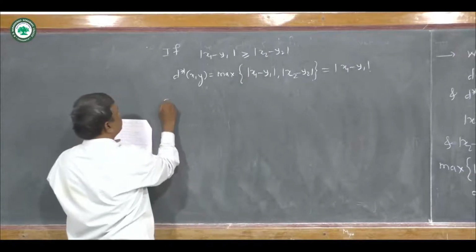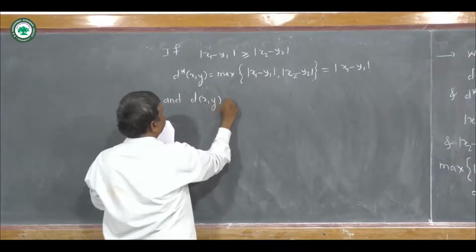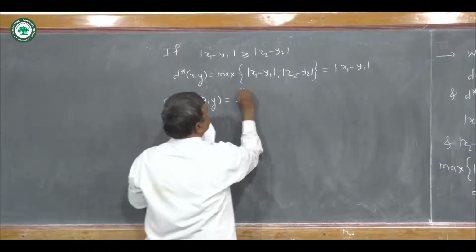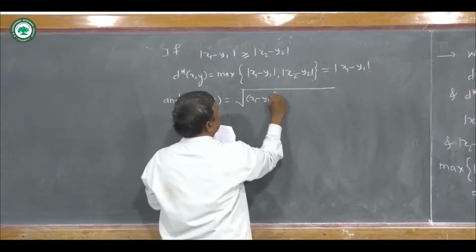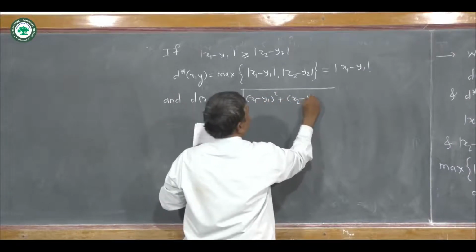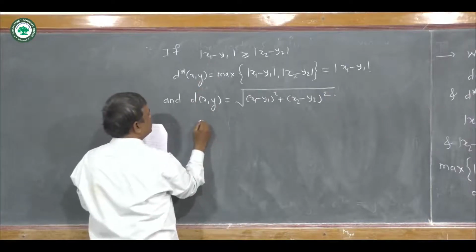And now using the definition of d of x, y, we have square root of (x1 minus y1) square plus (x2 minus y2) square.